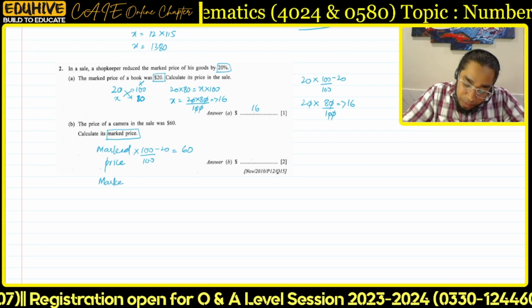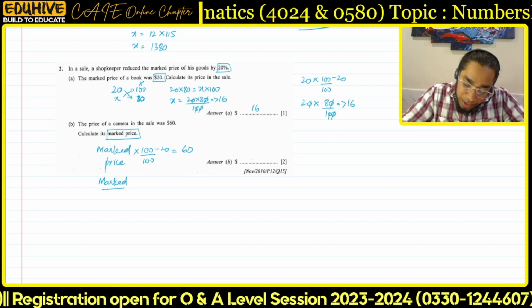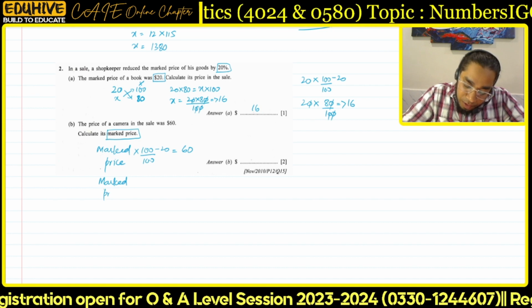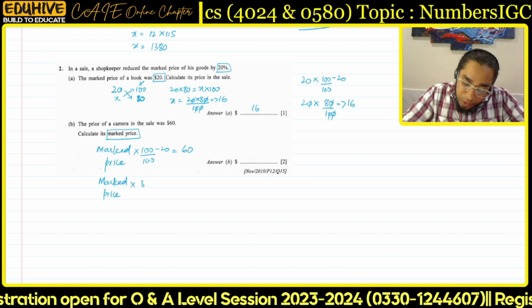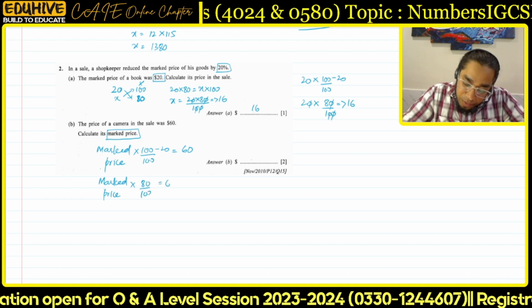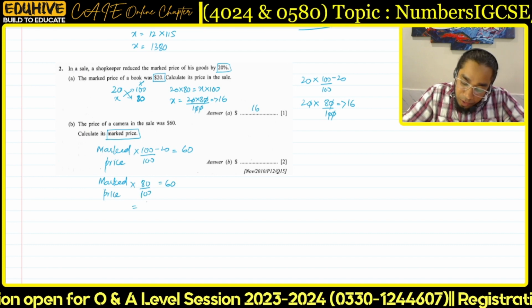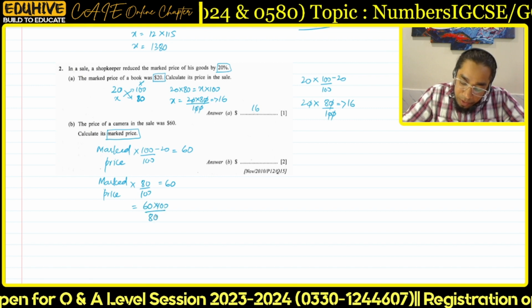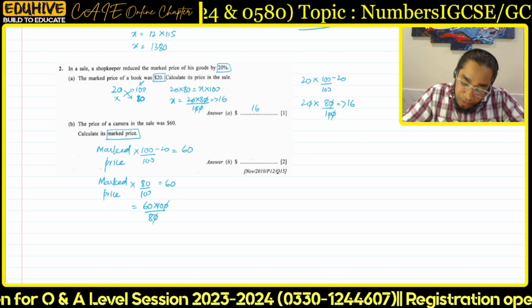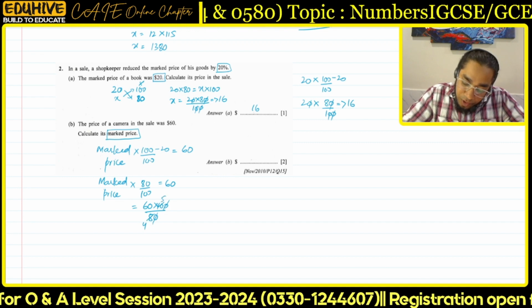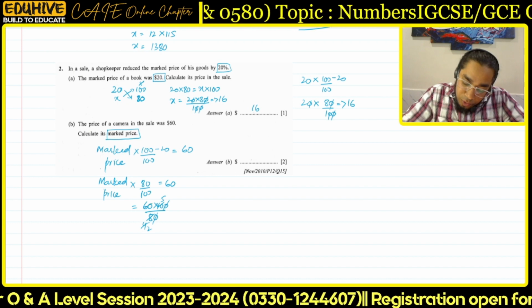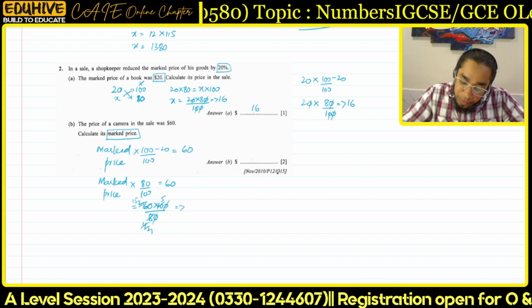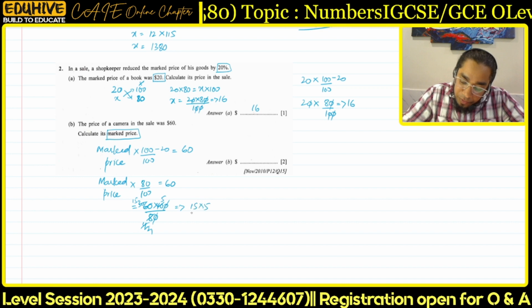So mark price into 80 over 100 is going to be 60, and here you got 60 into 100 divided by 80.